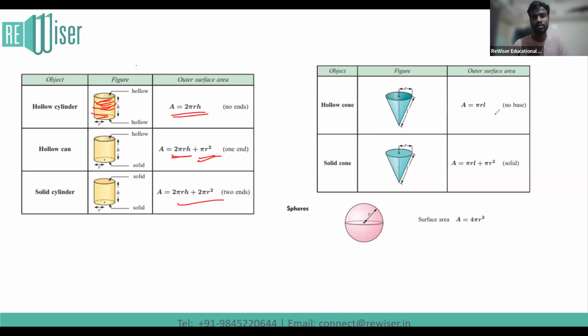For a solid cone, where the top surface is closed, it is pi r l plus pi r squared, because the top surface is a circle and the area of a circle is pi r squared. Here also the surfaces are circles, and there are two circles, so it's 2 pi r squared.